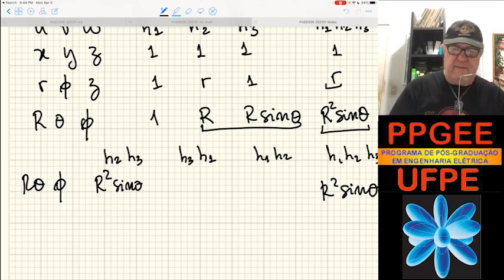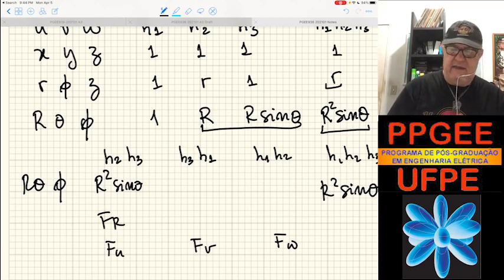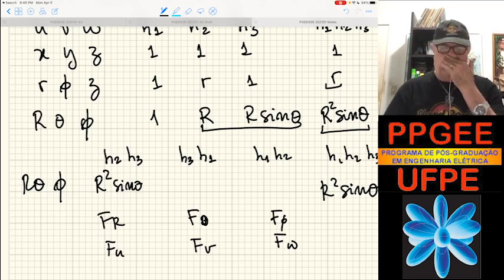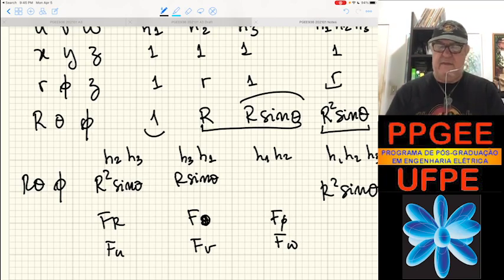I'm going to put here F_U, F_V and F_W as F_R, F theta, and F phi. H3, H1 is going to be 1 times this, which is R sine theta, right? And H1, H2 is 1 times R. It's R here.